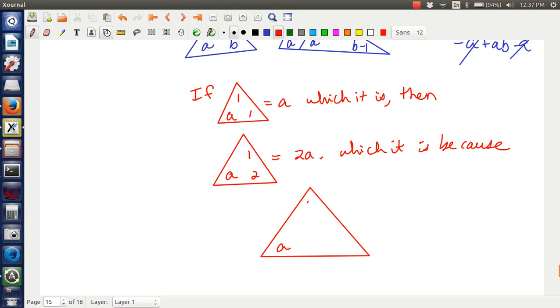This is A 0, I'm going to use the rule, A 1 1, and then it's just going to be A plus A, which is equal to 2A.